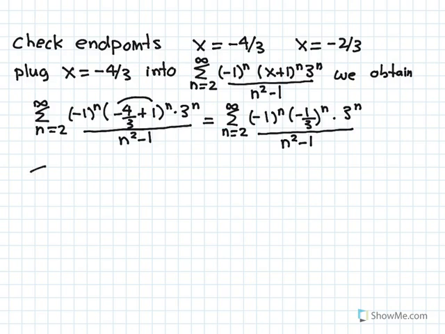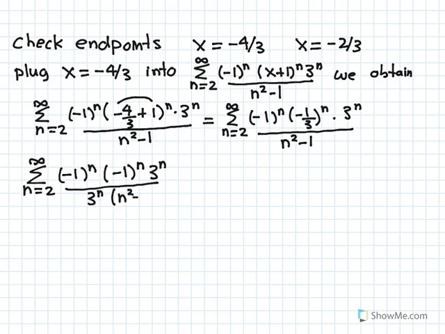Simplifying this further, we get the summation from n equals 2 to infinity of (-1)^n times (-1)^n times 3^n divided by 3^n times (n squared minus 1).